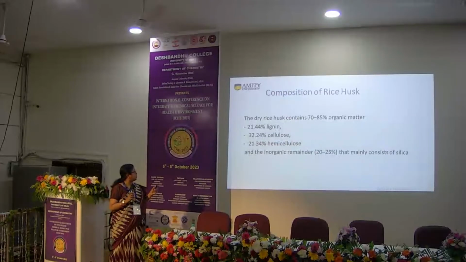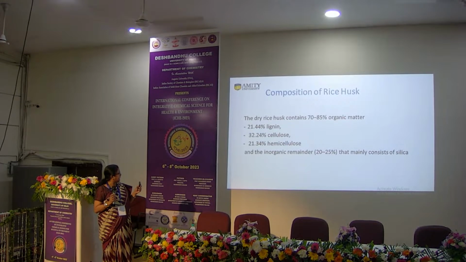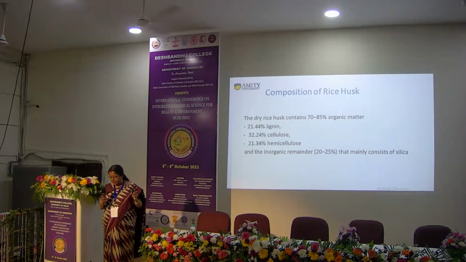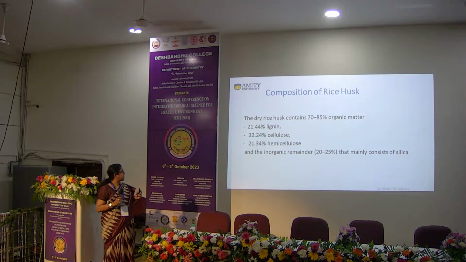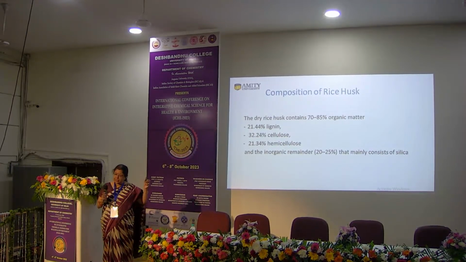Next, the composition of rice husk. It contains say 21% lignin and 32% cellulose, 21% hemicellulose. About 70% is organic, and the rest 20% is the inorganic material, that is mostly silica. And a small amount of iron oxide and sodium oxides are present, but mostly it is silica.